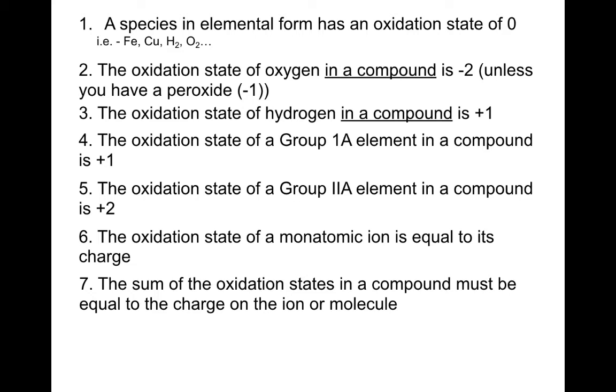Now once you get to this point, the sum of all the oxidation states in a compound or a polyatomic ion has to be equal to the charge on the ion or the molecule. So if an overall polyatomic ion has a charge, then the sum of the oxidation states has to add up to that charge. If you have a molecule with no charge, then the sum of all the oxidation states has to add up to 0.